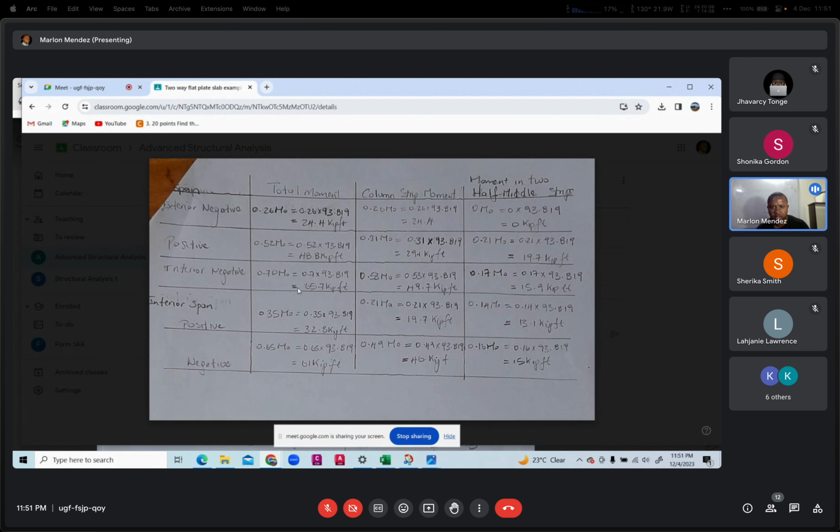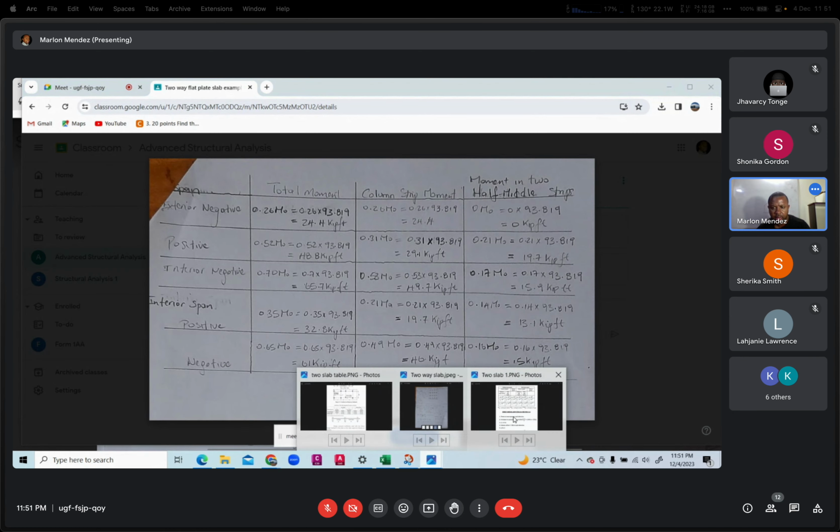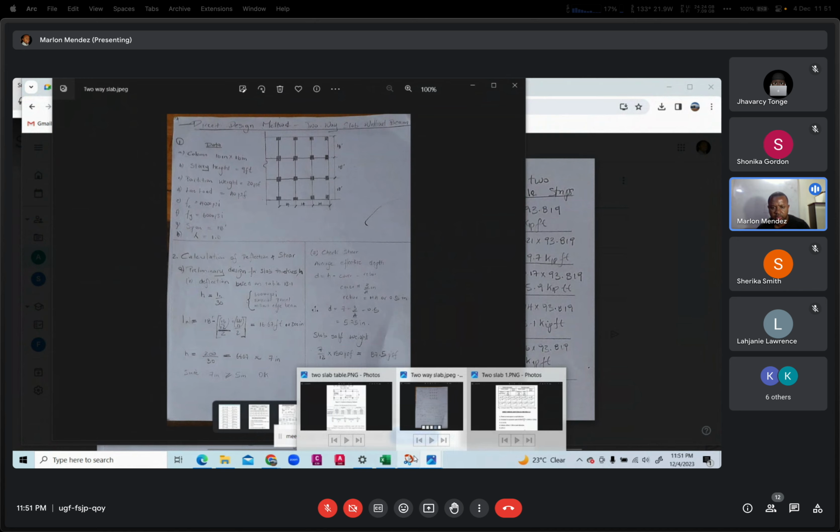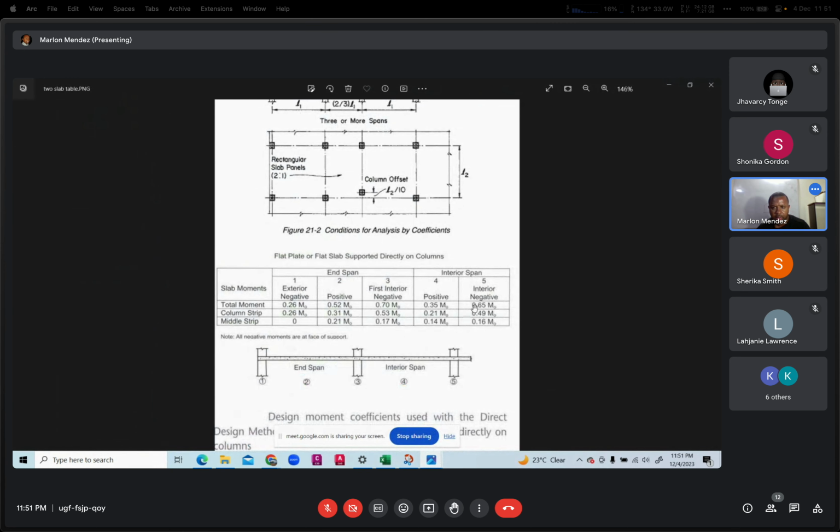Then you see all of this, and we move to positive. So we have the interior span. Where is it? This is the interior.